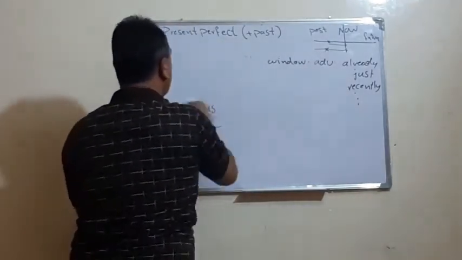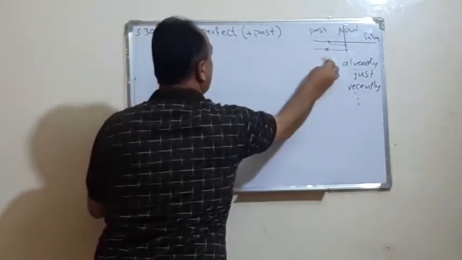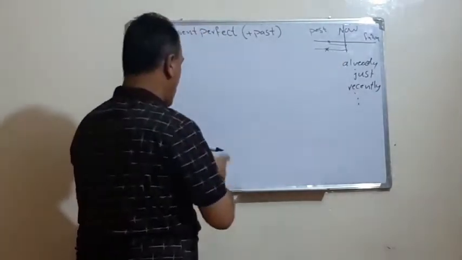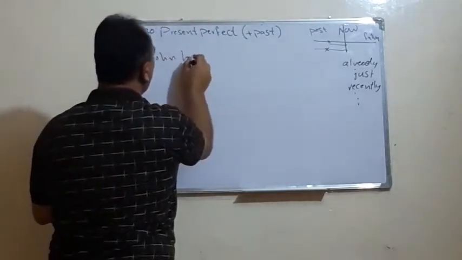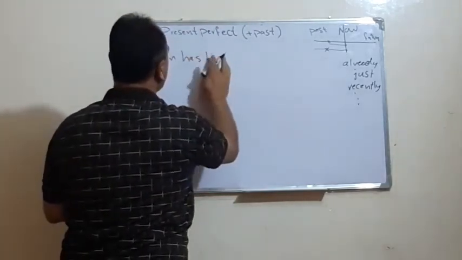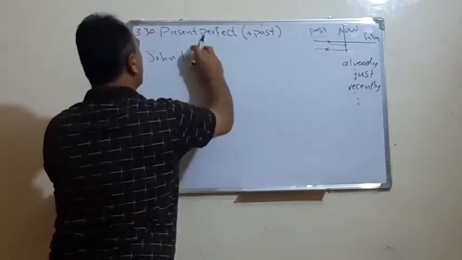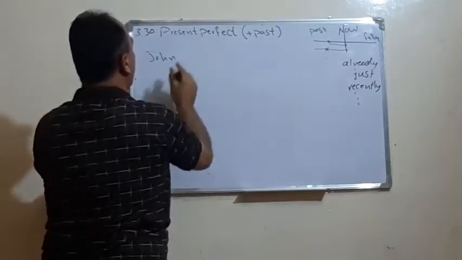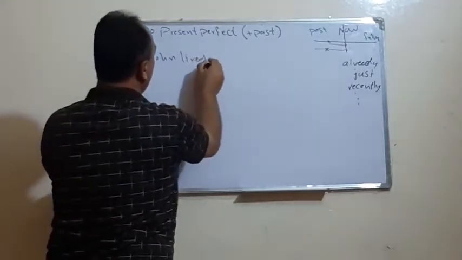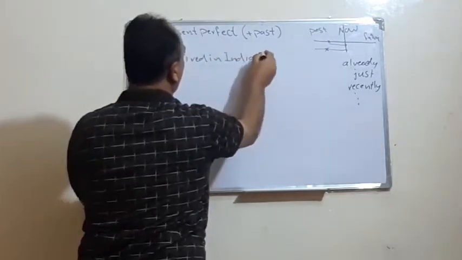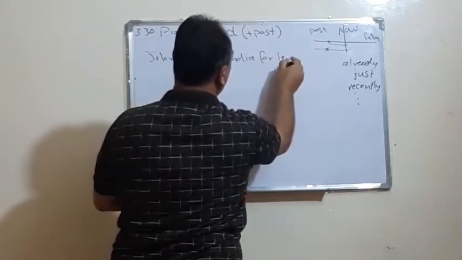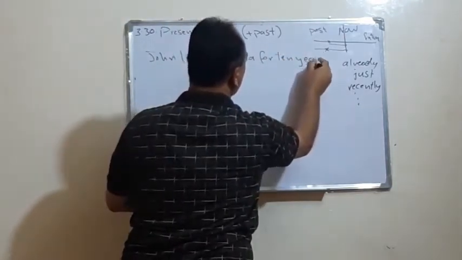If we say, for example, John lived in India, for example, for 10 years.